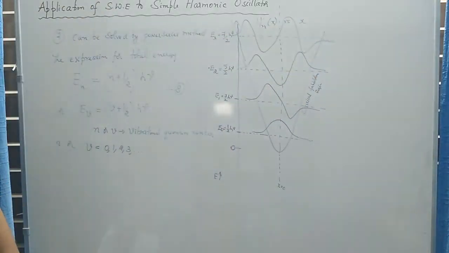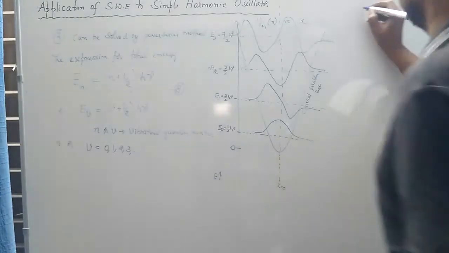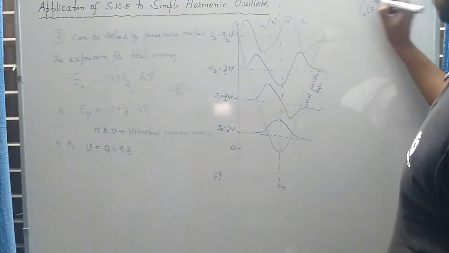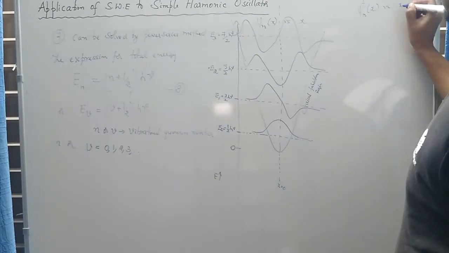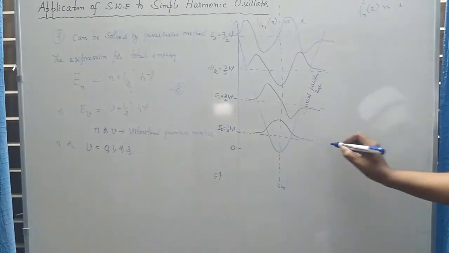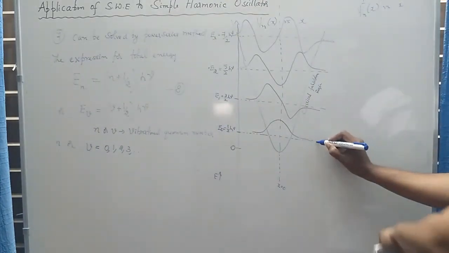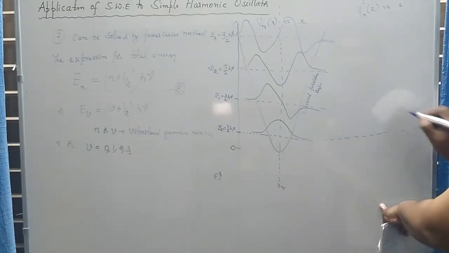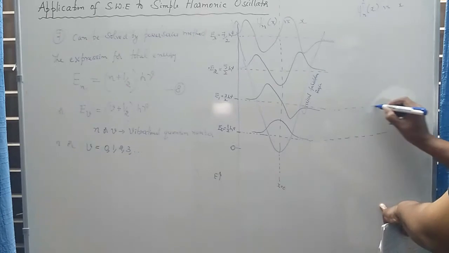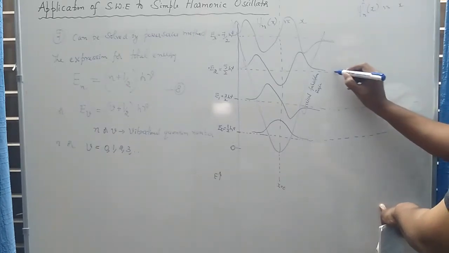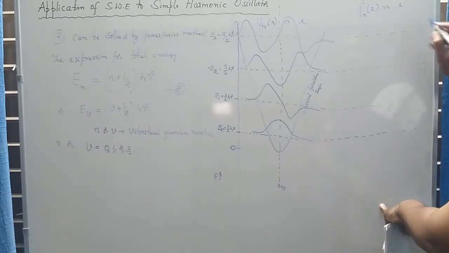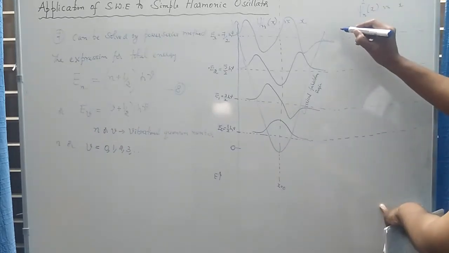So plotting psi square versus x is now very easy. Again I have the same energy levels, E0, E1, E2, E3. So again I will plot this potential energy graph.